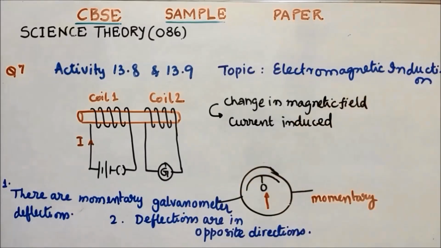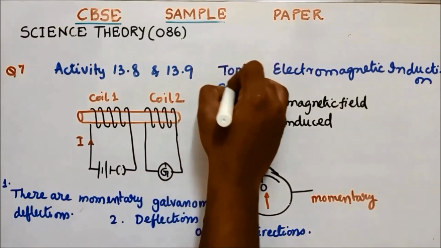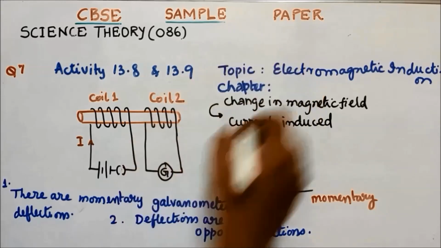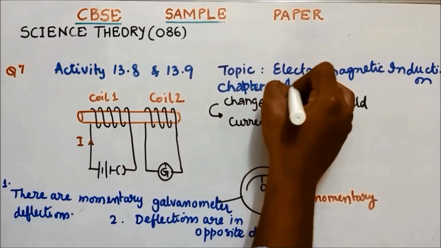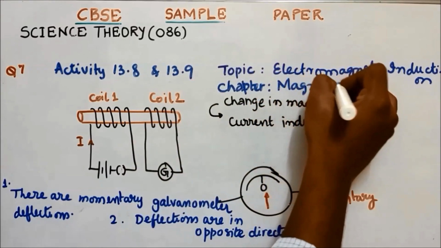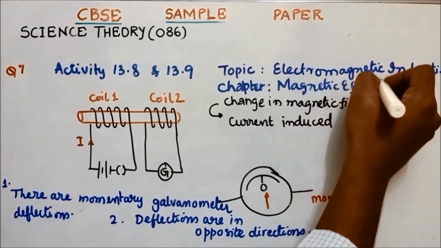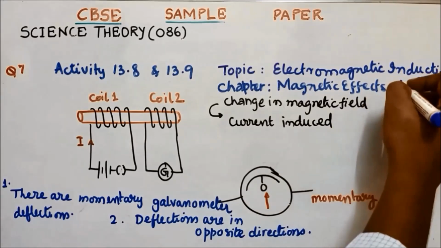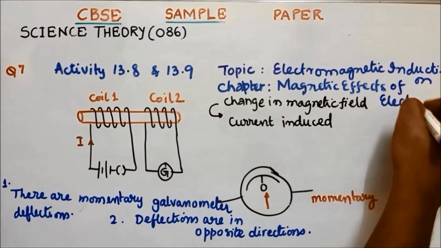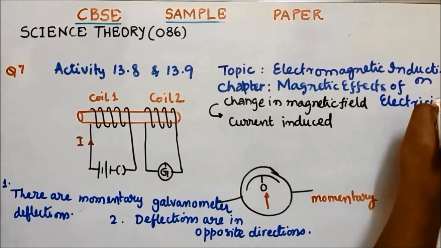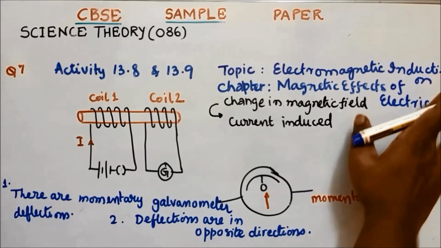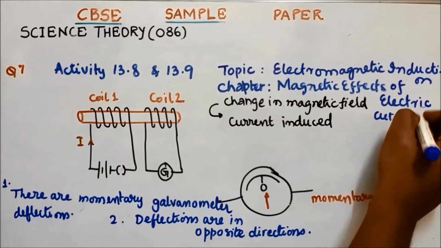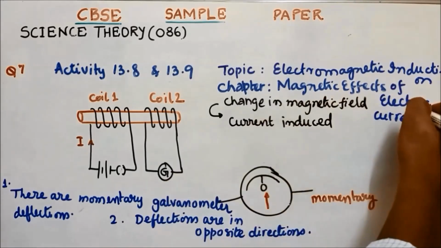The chapter name is, I think I should have told you before answering this, but still, the chapter is Magnetic Effects of Electric Current. So please go through the activity. The activity is very, very important. Maybe the question may be asked for 3 marks too.